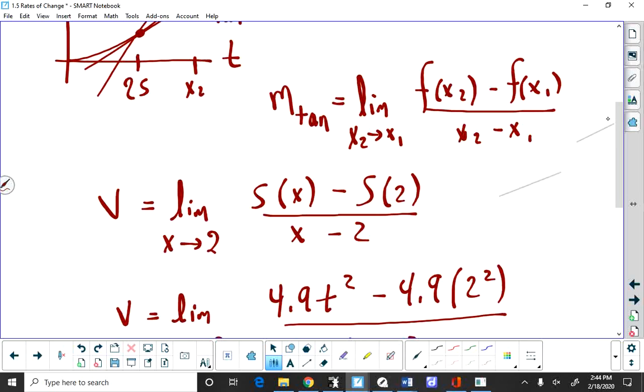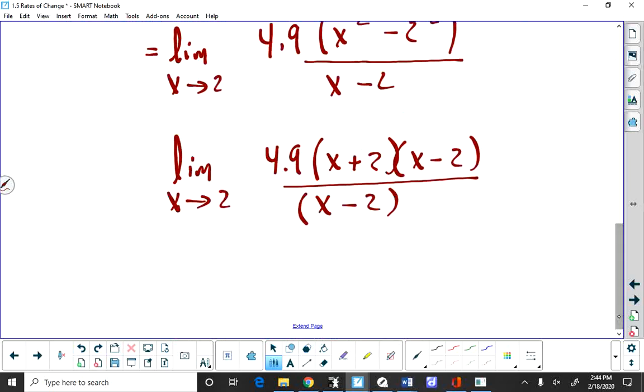You always have to do some work to make it work. X plus 2 times 4.9 is all we have left. Go ahead and put 2 in. So 4.9 times 2 plus 2, which gives me 19.6, I believe. Yep. So 19.6 meters per second.